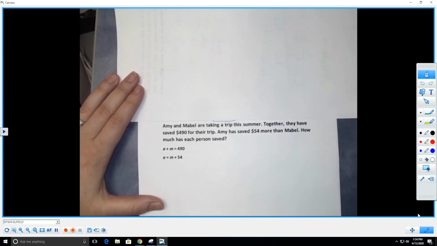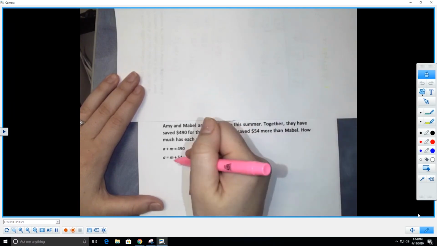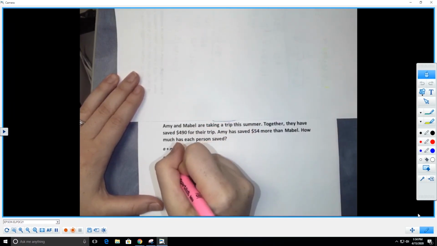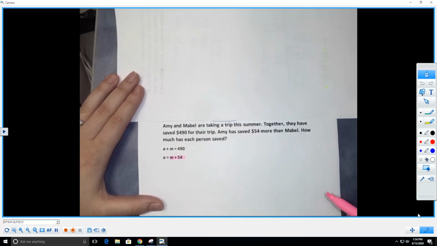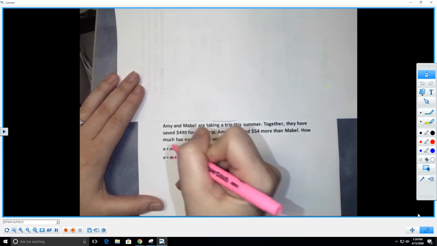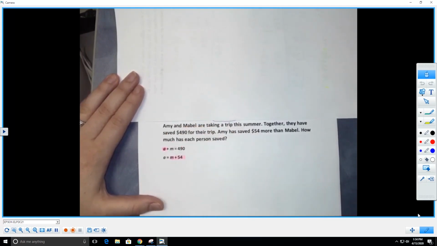So now if we use substitution to find the value of m, it would look something like this. I know that a is equal to m plus 54. So where I see that in the first equation, I'm going to plug that in. You're always just looking for one of the equations in my system to have a variable isolated.